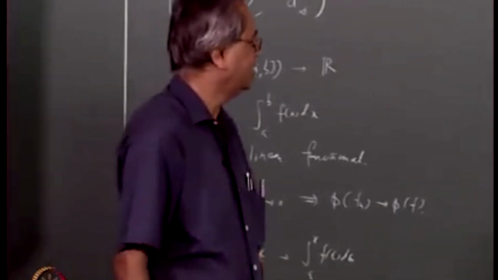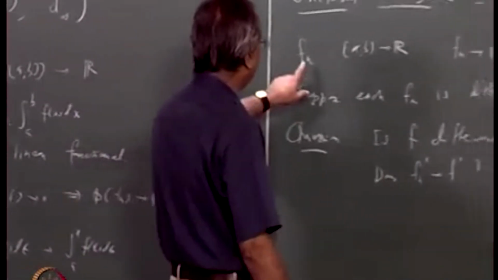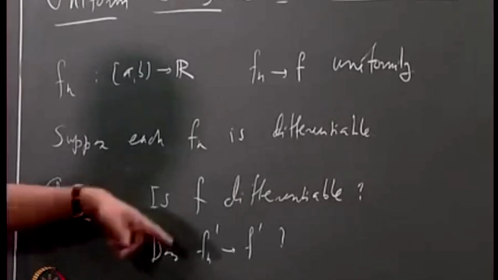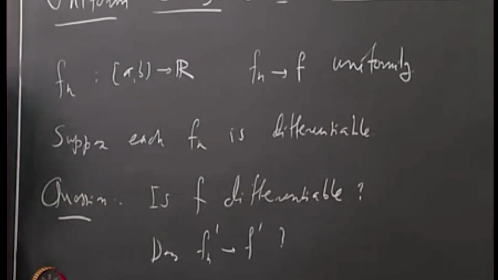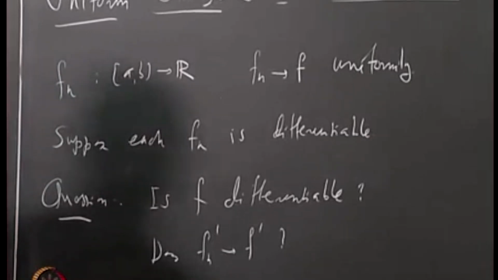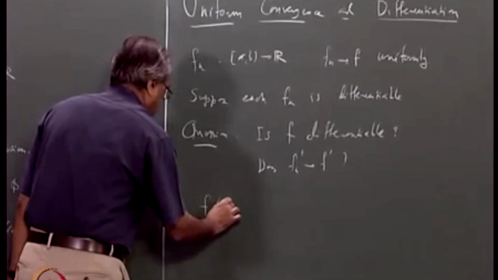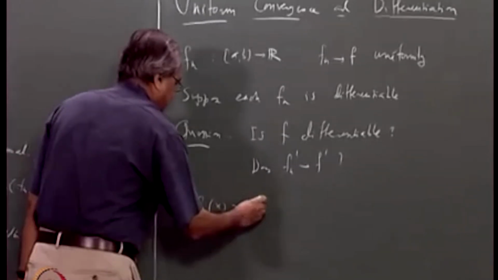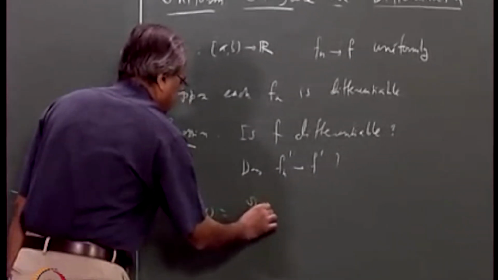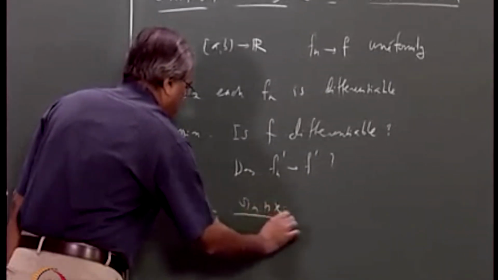Also it can happen that fn converges uniformly, but fn prime need not be convergent at all. That is fairly easy to show. Suppose we take this example: fn(x) is, let us say, sin nx by root n.